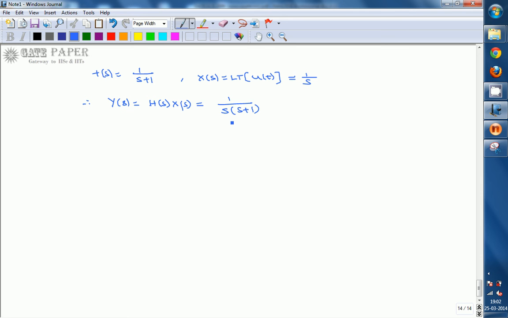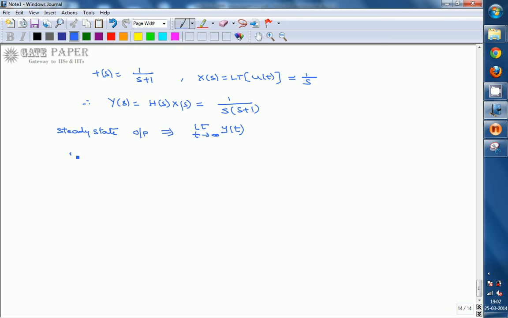Your steady state value is nothing but the output at t equals to infinity. So steady state output is nothing but the value of y of t at t equals to infinity.